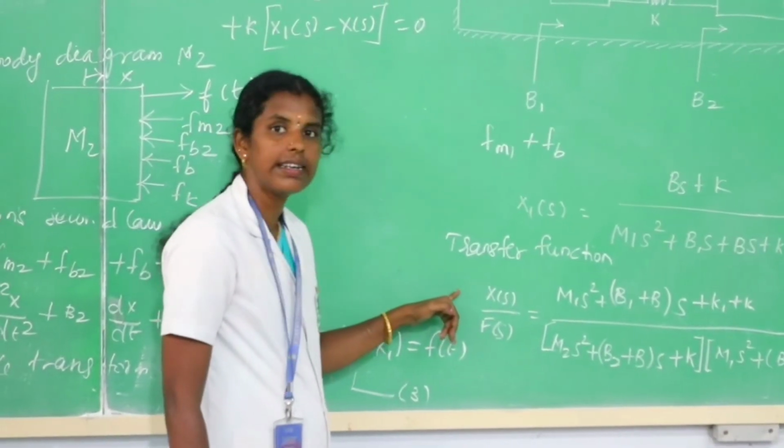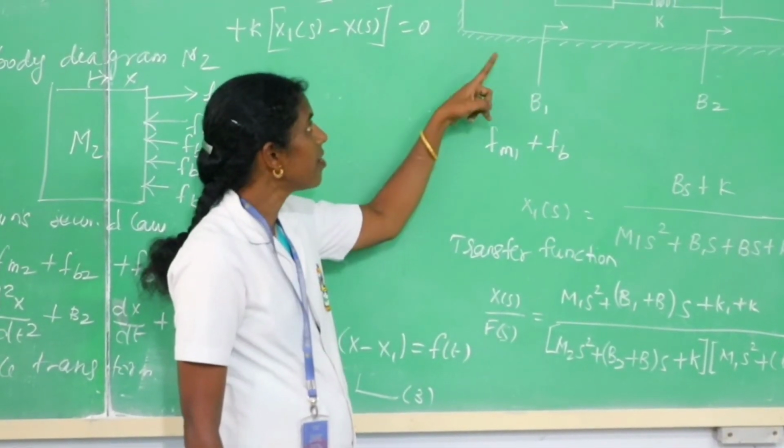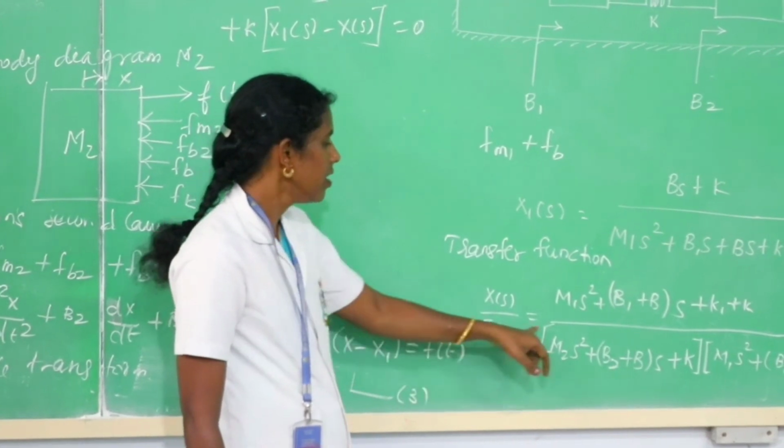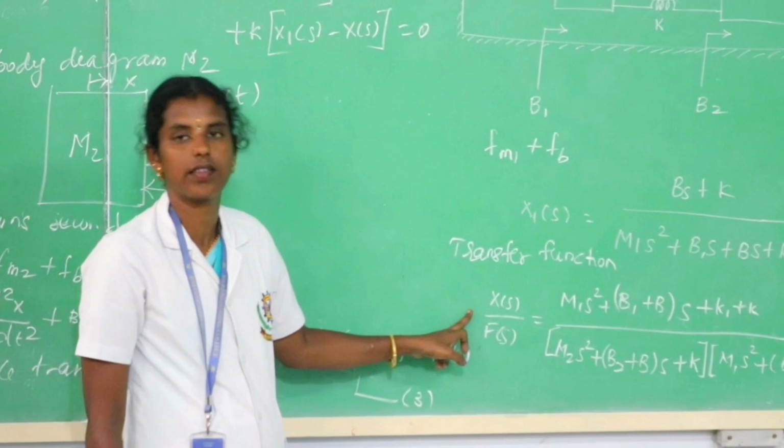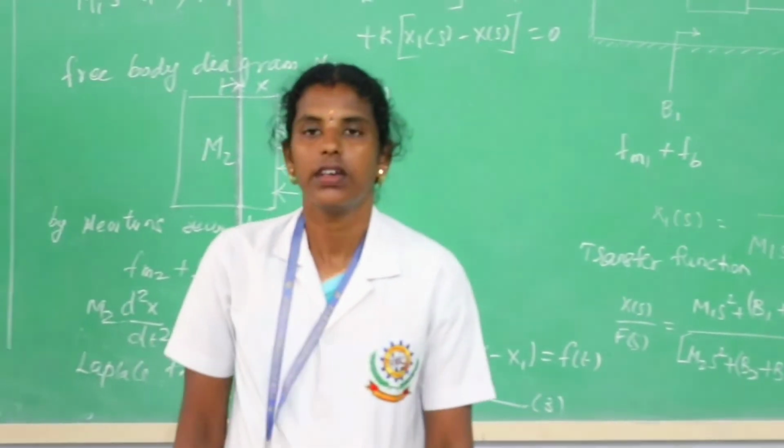So, finally, if you substitute all these equations, we get the transfer function X of s by F of s. Thank you.